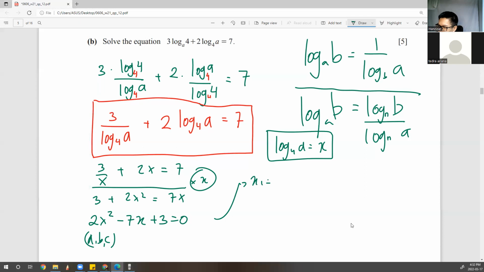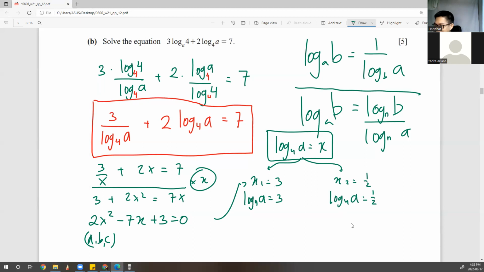So x1 equals 3, x2 equals half. But this is not what the question is asking. The question is asking for a. X is only for simplifying the a. So back to the original: log_4 a equals 3, or log_4 a equals half.